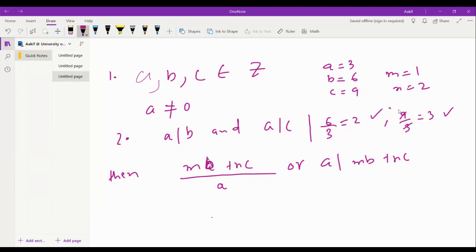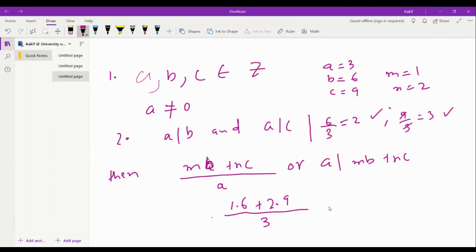Now let's check whether A divides m times B plus n times C. So what we'll get here is 1 times B, which is 6, plus 2 times, or n times, C, which is 9. Is it divisible by 3 or not?